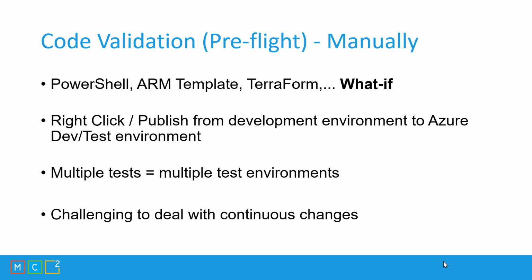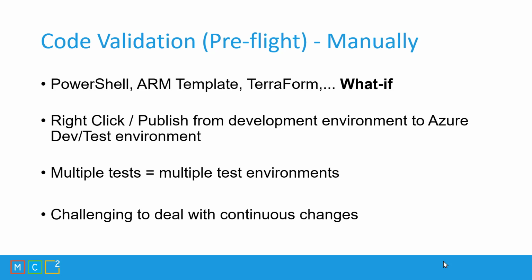Or moving to the traditional way on how to run code validation. So I know that in PowerShell, ARM templates, Terraform, you can use something like a what-if statement that's going to validate the code, but in the end, it's mainly running the validation right before the deployment. So we can't really call that optimized.